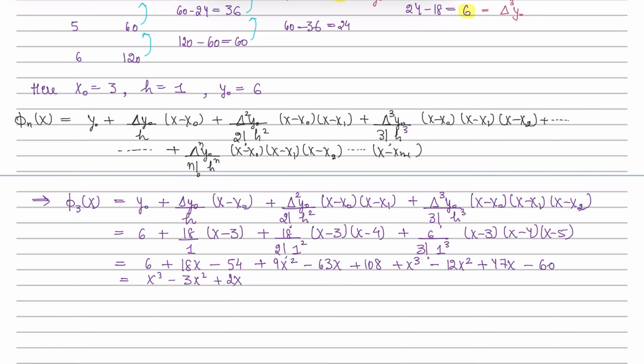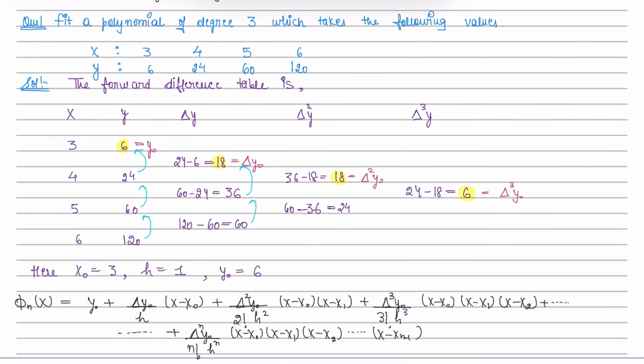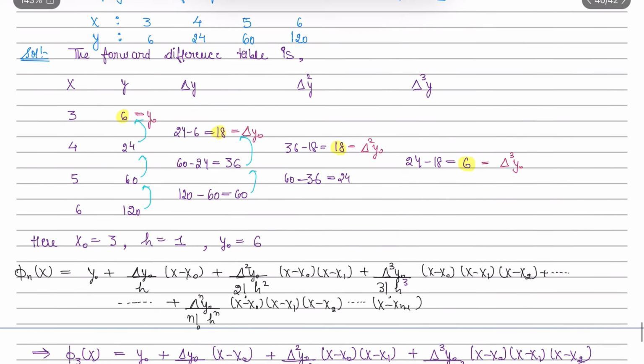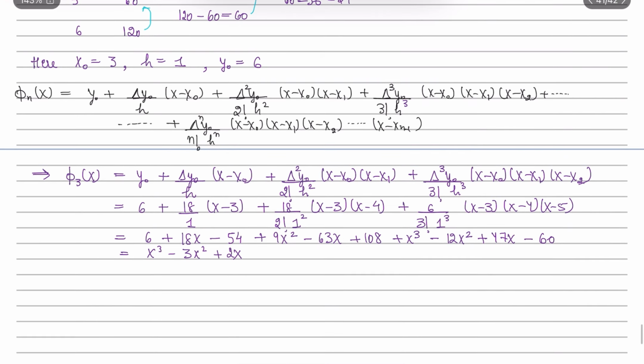And we can see that solving a question based on Newton's forward difference interpolating polynomial is not that difficult. We just have to construct the forward difference table, then use this formula and start putting in the values. All we have to remember is just this equation phi n(x).